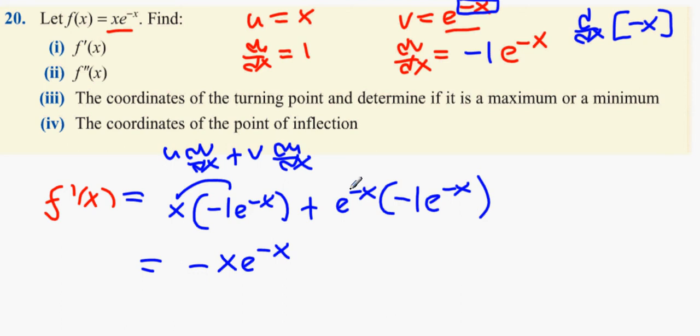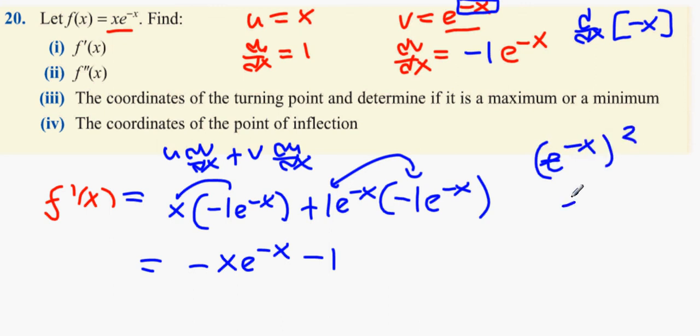Now this one here is going to be plus e to the minus x, because there's a 1 here by an e to the minus x here. Okay, so the first derivative is minus x e to the minus x plus e to the minus x.